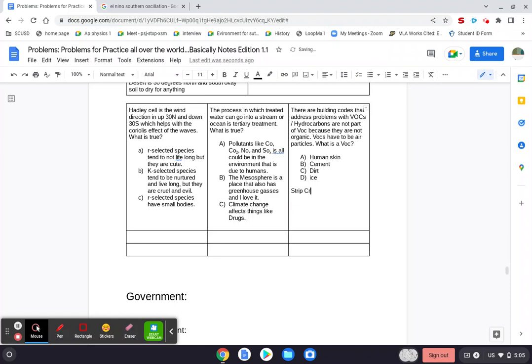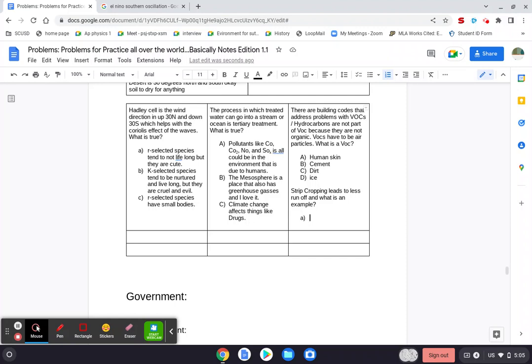Strip cropping leads to less runoff apparently. And what is an example? I don't know what the example is. Protection against what?